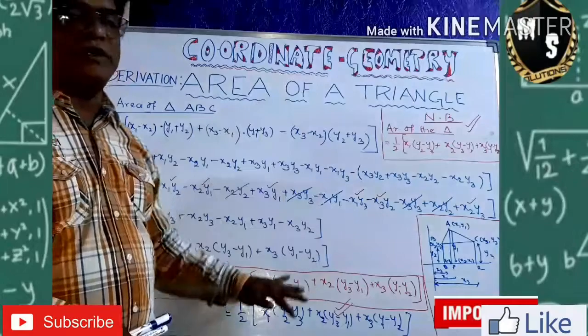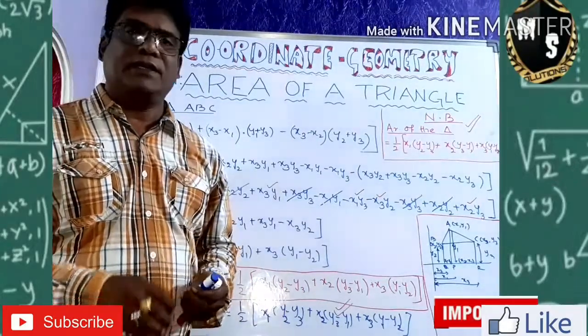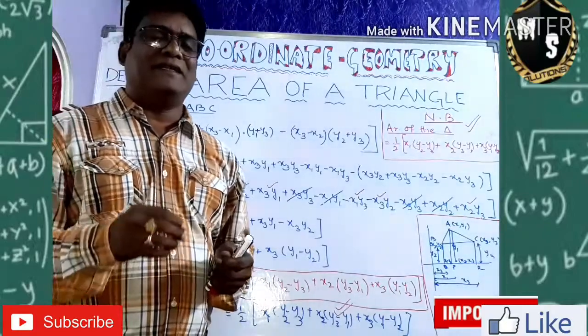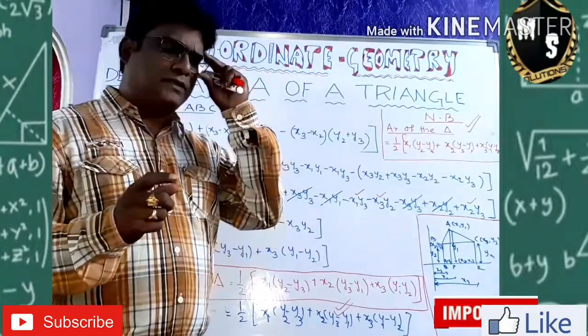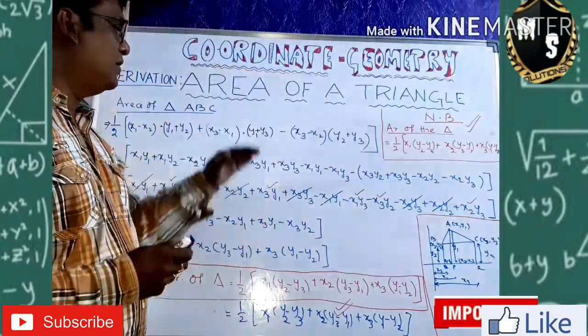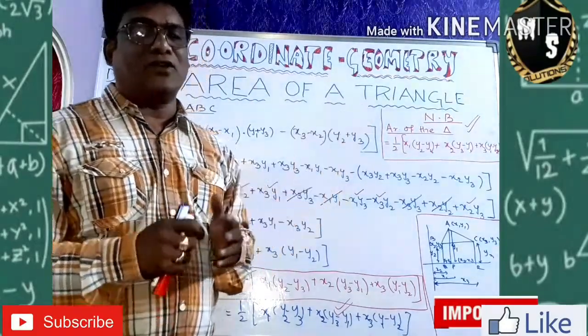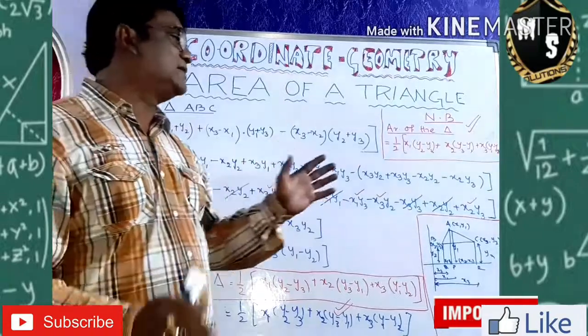The derivation of the area of the triangle in coordinate geometry. A lot of difference you can observe from the area of the triangle by coordinate geometry. That is not half into base into height. That is coming as a big formula.